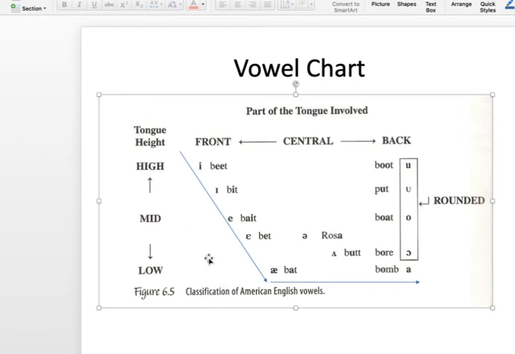For example, beat and bat. Try to say beat, bat. You would notice that by the time you were producing the sound, your mouth was rather open. Say it once again. Beat, bat. By the time you were saying the sound, your mouth was open. So if the tongue height is low, it means the oral cavity is more open.